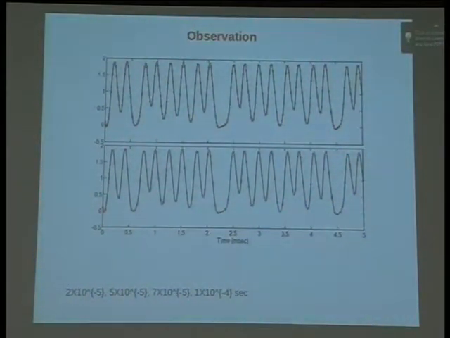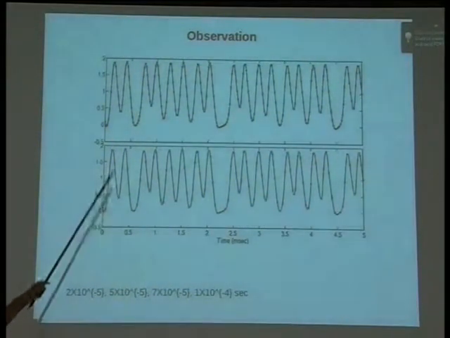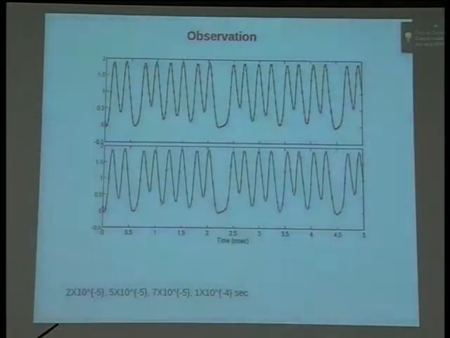We have a free model run from which we made an observation vector, taking some time step. For the first case, we take the time step as 2 into 10 raised to minus 5, and we know our Lyapunov time is 2.5 into 10 raised to minus 4 seconds.